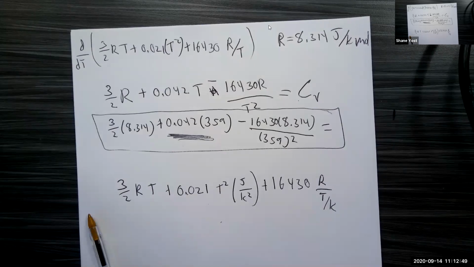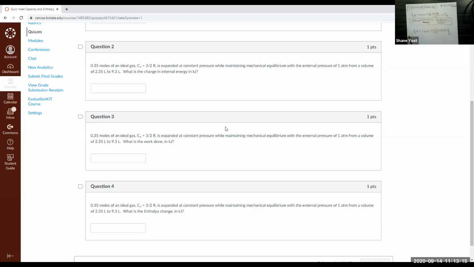I'm just asking for change in internal energy, work, and enthalpy. Screen sharing now. Oh, I'm still sharing that. Okay, sorry. Let me get back to sharing this. So is there one of those 3 values, or all 3, that people are interested in seeing?